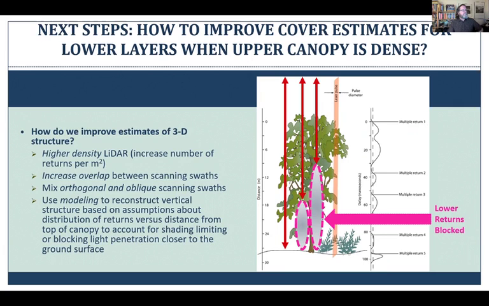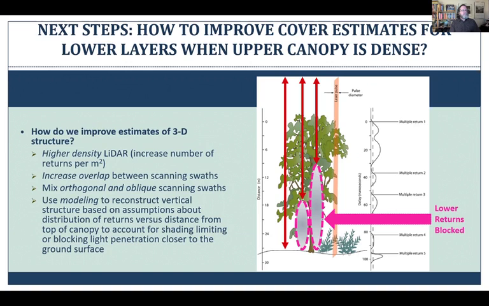Well, one is trying to get higher density returns of LiDAR. Maybe it was a situation where the LiDAR vendor could have done a better job, or maybe it met the technical specifications, but we need to increase what we're asking for.